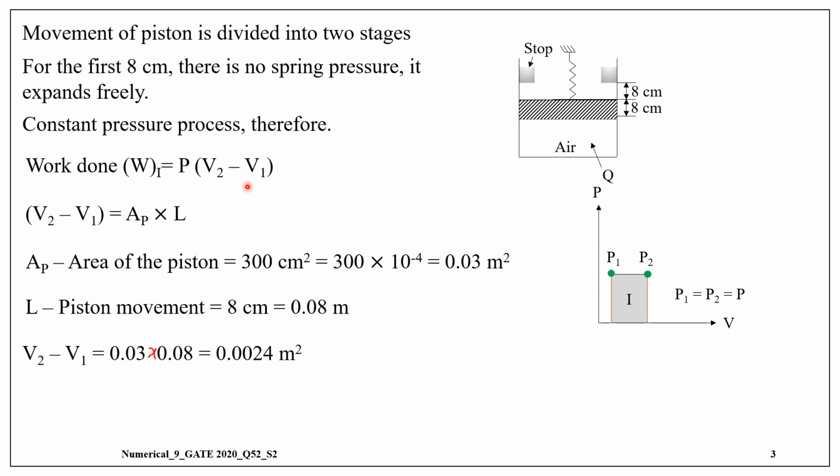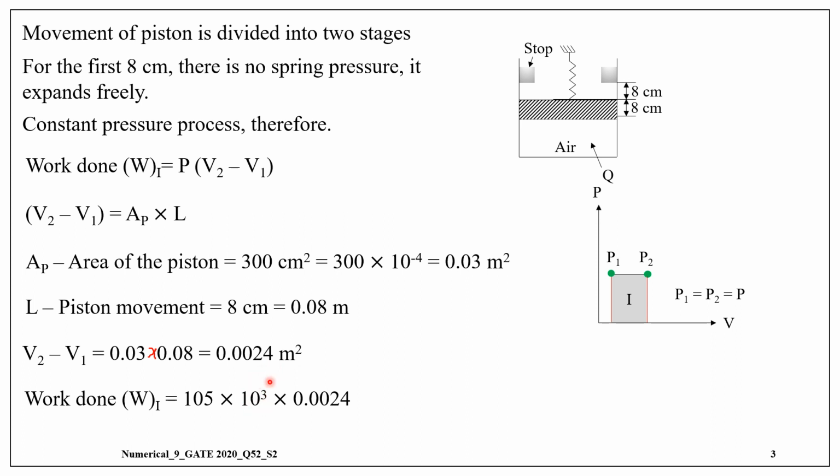Once V2 minus V1 is known, we can calculate the work done during stage 1 or step 1 by substituting the value of pressure and V2 minus V1. Pressure is 105 and V2 minus V1 is here.